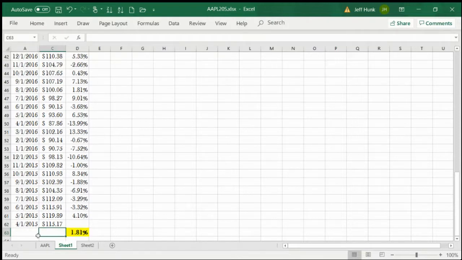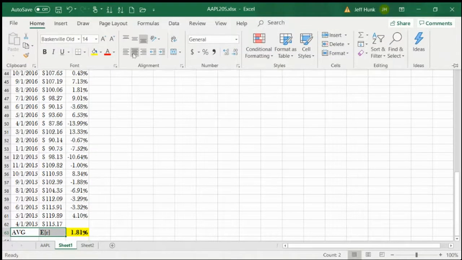So this is called expected return, or average or mean return or expected return.